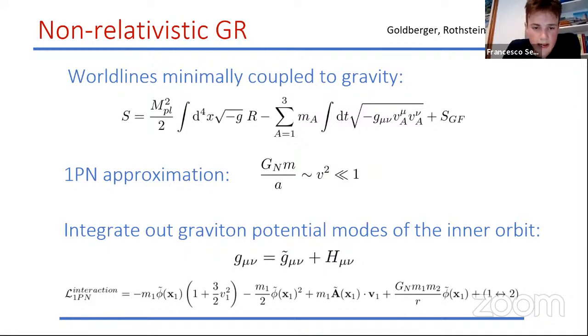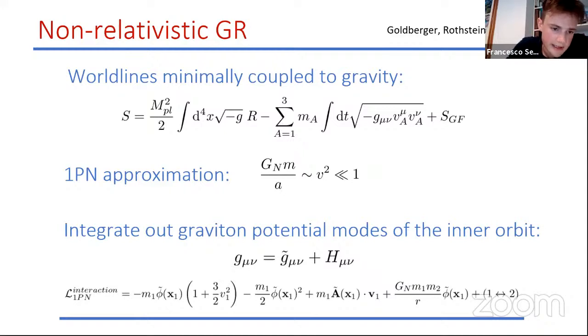And in such a way, we obtain an effective action coupling the 2 bodies to the third body once the gravitational modes of the potential have been integrated out. And here, this integration is just done by considering the diagrams of exchange of these graviton modes.